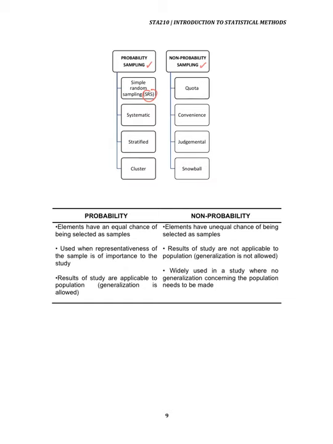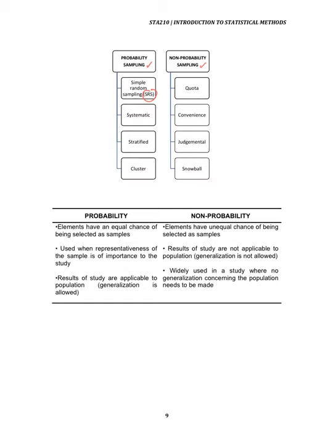If we want to ensure that the conclusion gathered from the data we have selected will represent the population, then you should use probability sampling, because with probability sampling, the output from the research that we have done, we can conclude to the whole population.